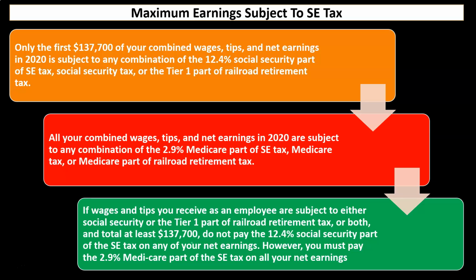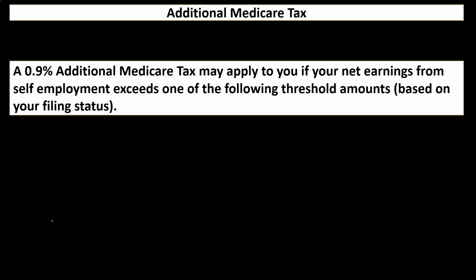You're hitting the cap through your W-2 wages, where you only have to pay the employee portion, as opposed to paying it out of your business, because if they counted it at the business first, then you'd be paying both the employee and employer portion of Social Security and Medicare. Okay, so obviously the tax software helps to calculate this. We'll do some scenarios and see how the tax software calculates it in future presentations.